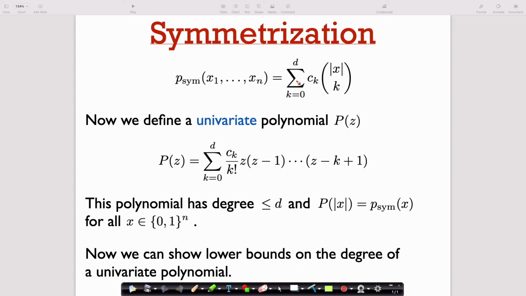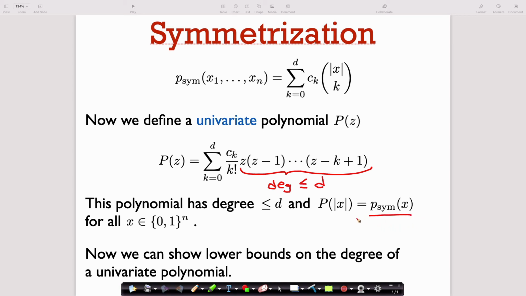The largest value of k here is going to be d, so this term here is always going to have degree at most d. In particular, the degree of this term is k, and k is always at most d. So now we have a univariate polynomial of degree at most d with the property that this univariate polynomial evaluated at the Hamming weight of x is actually equal to P_sym of x.